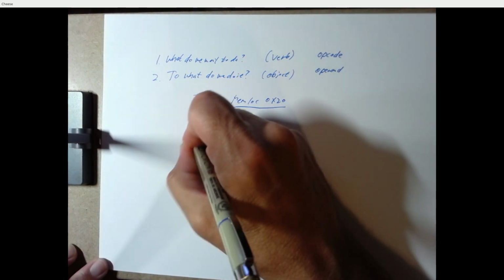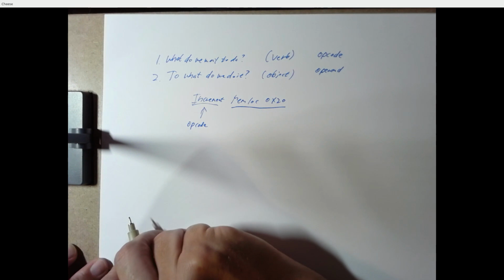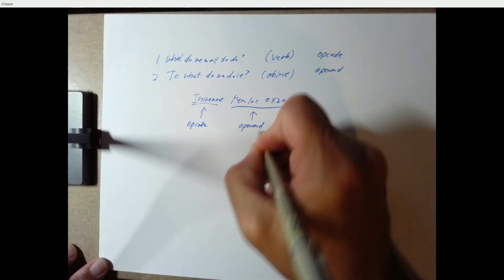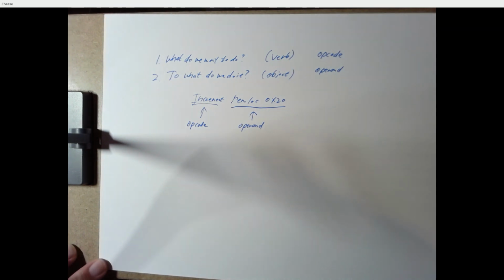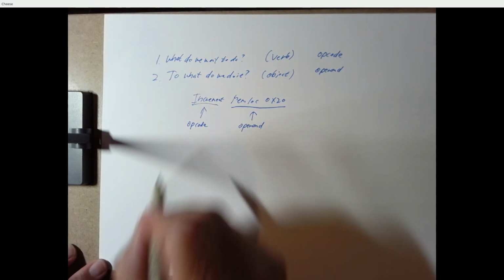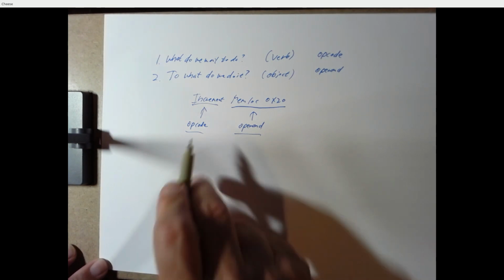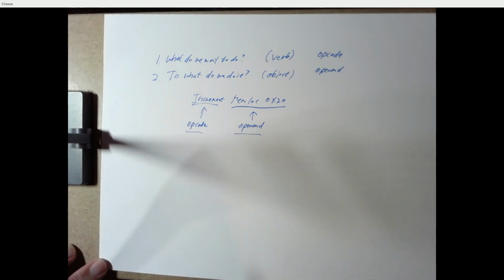So the opcode in this case would be to increment, and the operand would be memory location 20. And so most of our instructions are going to be specified by this pair, opcode followed by operand. We want to do something, and we need to say what we want to do that something to.